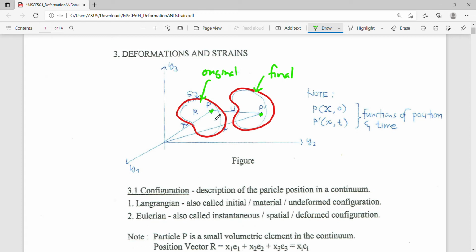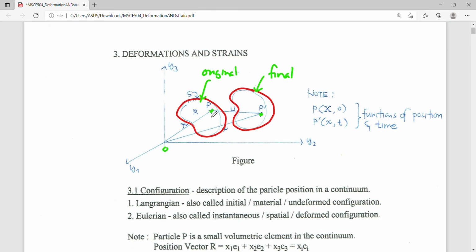So P becomes P prime, and the distances from the origin are given in terms of the big X here and a small x there, such that the big X is the spatial description in terms of the original position of the body, while the small letter x is the final description in terms of the position of the body at time t.